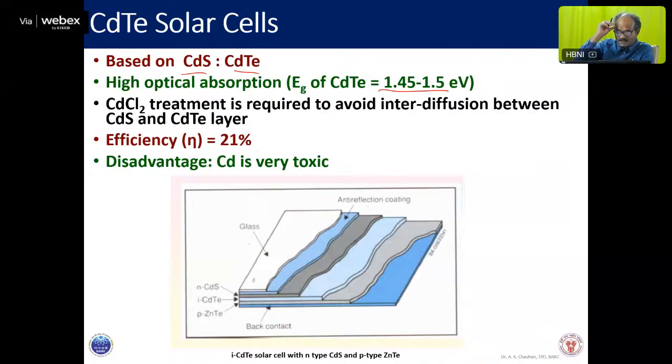So you have two layers, and there is a problem of diffusion between those two layers. This treatment is done, and the efficiency of these solar cells is typically 21%. That is also in the laboratory only, and because cadmium is very toxic, that is the disadvantage of these solar cells.